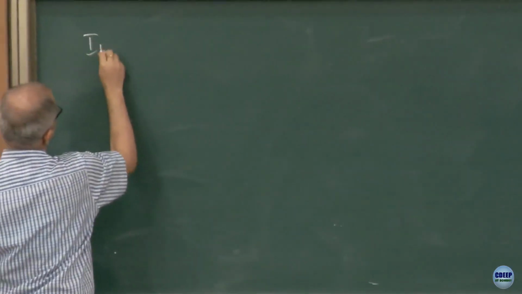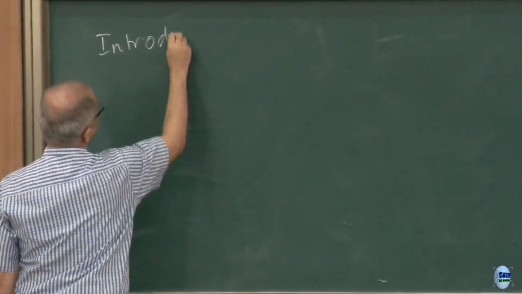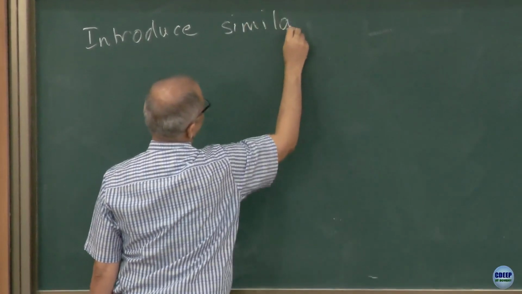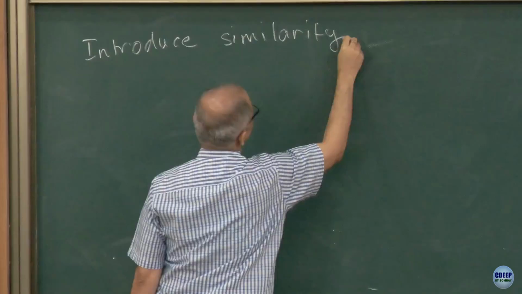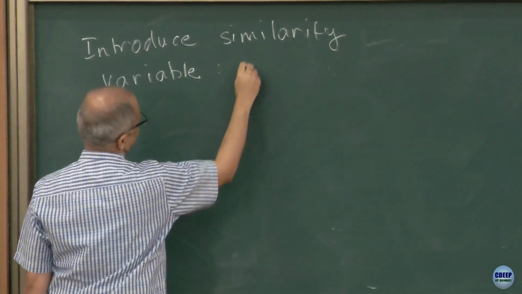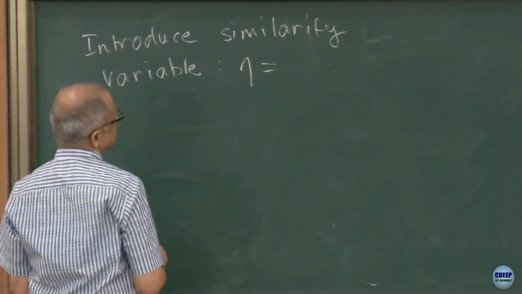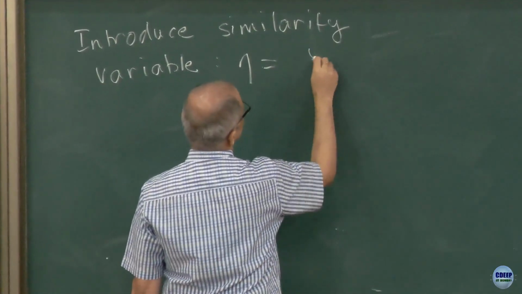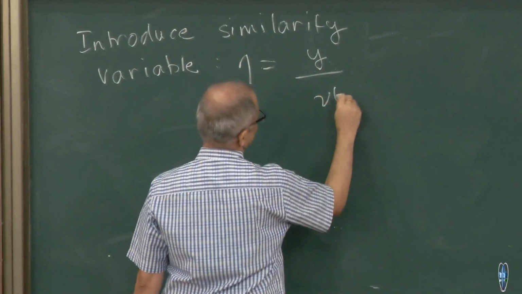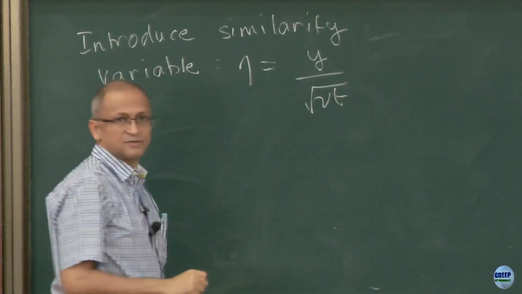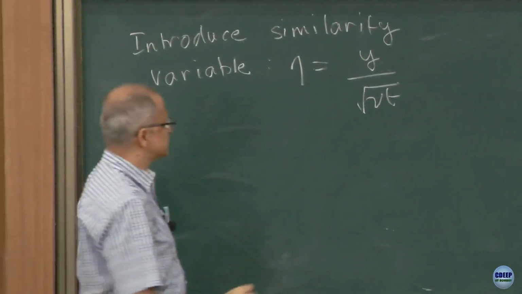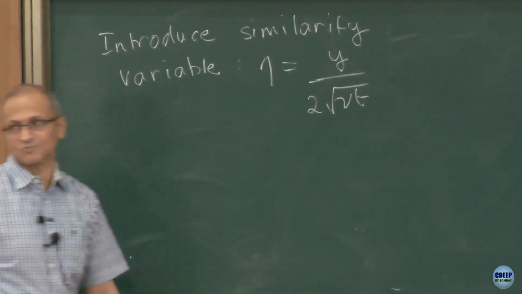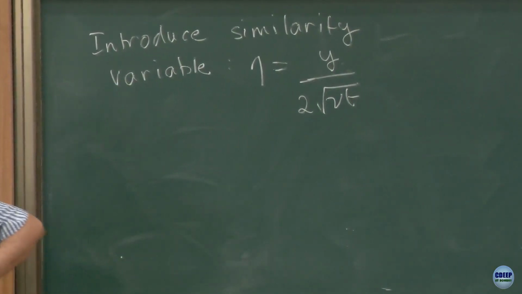So introduce a similarity variable as before. We are again going to have eta, and this eta is equal to y upon square root of nu t. Remember that this was our similarity variable, and we had used a 2 in there along with that for simplicity. So the same similarity variable is what is going to be used here as well.